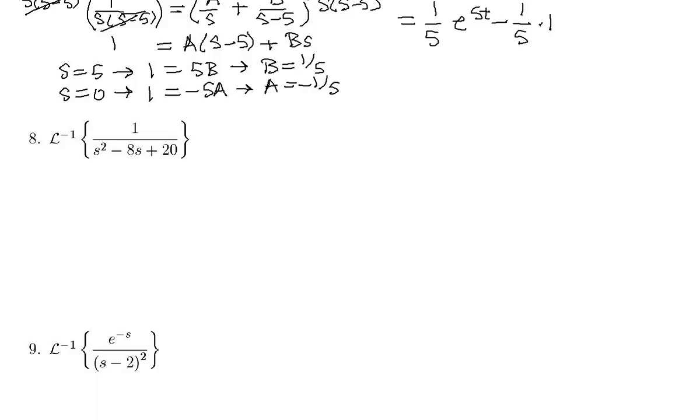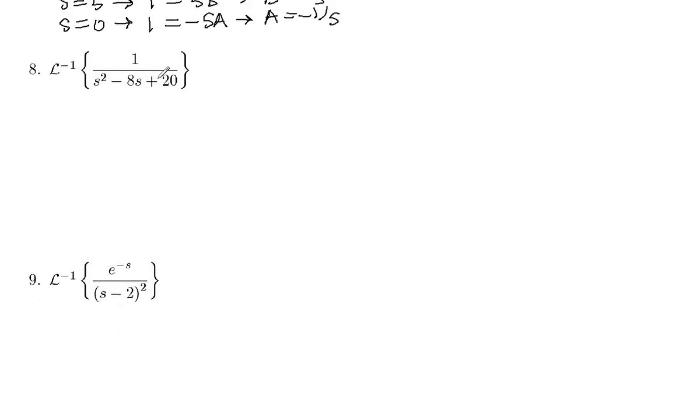And then number 8 here, this one doesn't factor in the denominator. What you want to do is complete the square, because you don't have any factors of 20 that add up to -8. Okay, so when it doesn't factor, then you should start thinking shift.